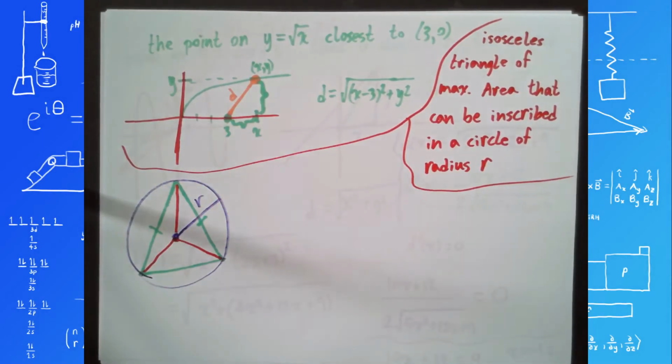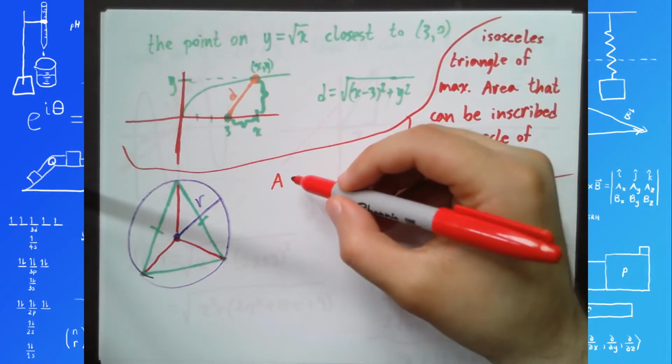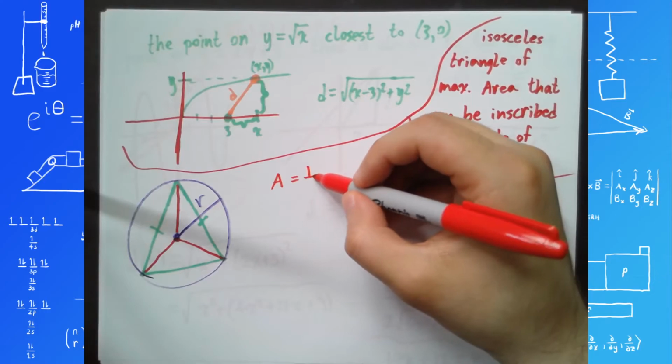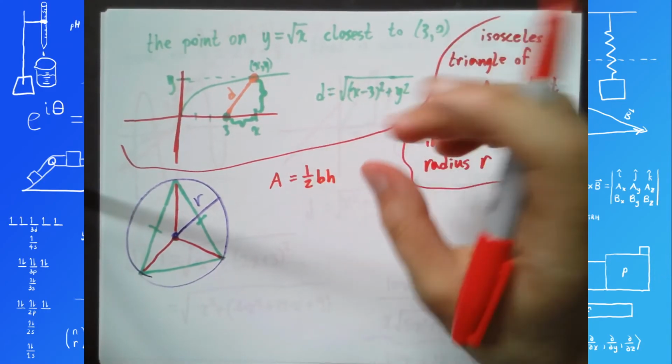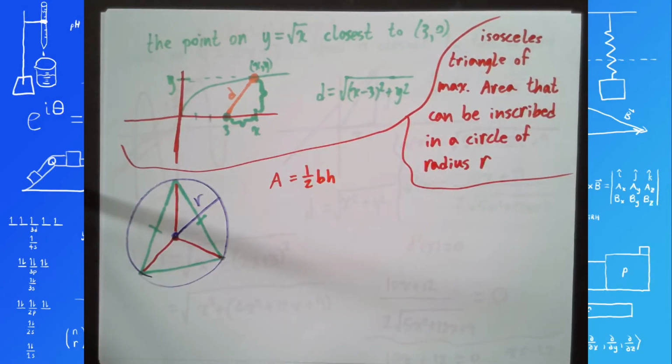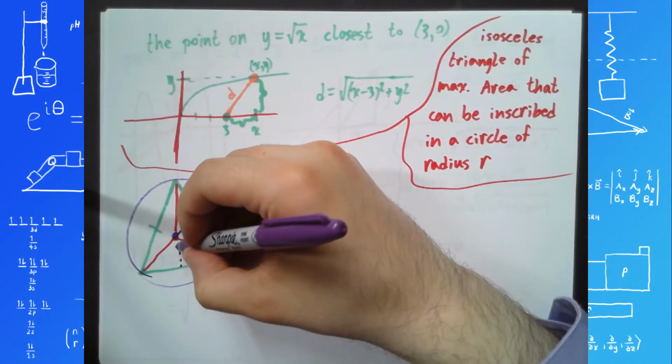I'm going to have to stare at this for a few minutes. We know that area of a triangle is 1/2 base times height. So I want to rewrite the base and height in terms of r somehow. And I guess the key to that is figuring out this right here.